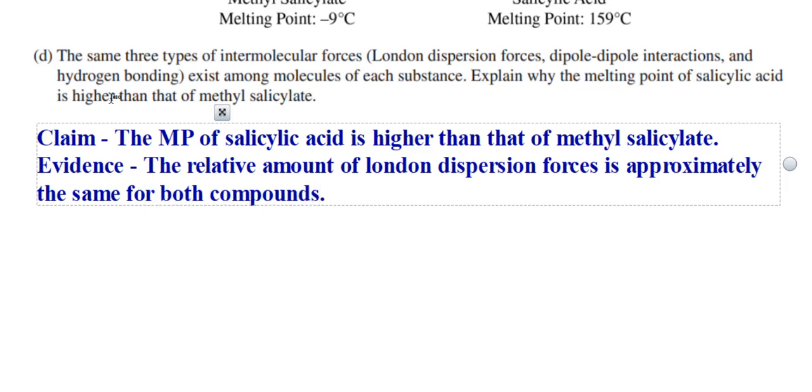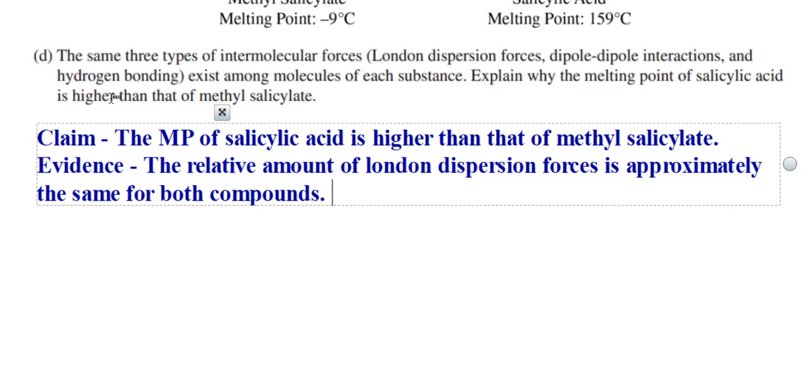We know that they're relatively about the same molar mass, which means they have the same relative number of electrons, which means the same number of relative London dispersion forces. It is not one of those questions where one has a greater amount of London dispersion forces, more electron clouds that are polarizable. But what is the big difference?